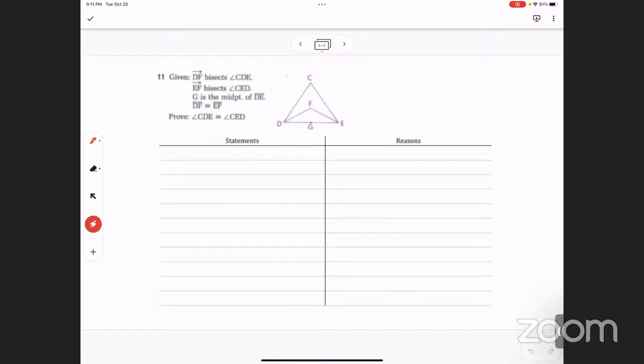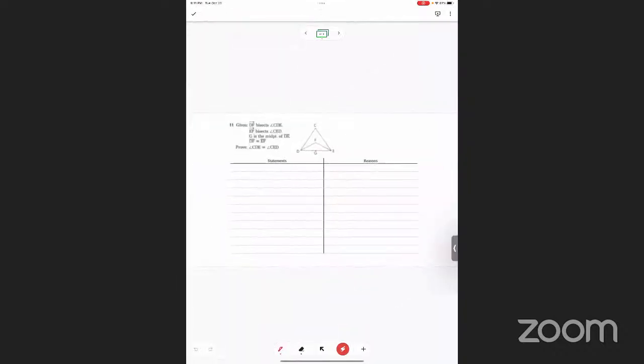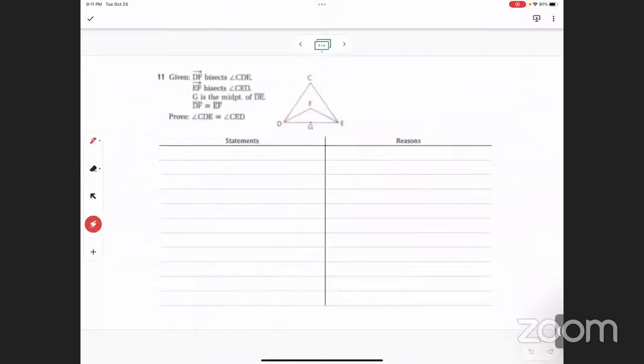All right. Game plan. Page 3. You could draw a line between F and G, and then you'll have FDG and FEG.